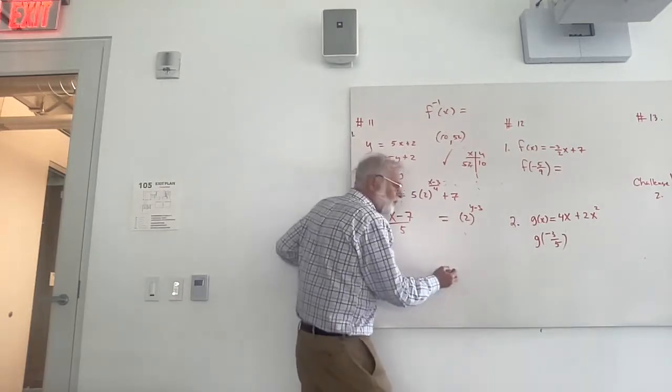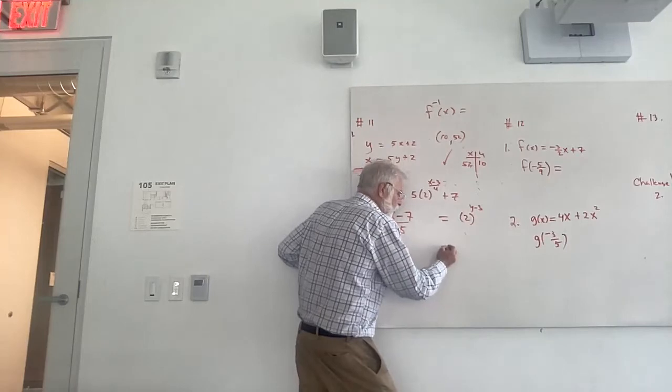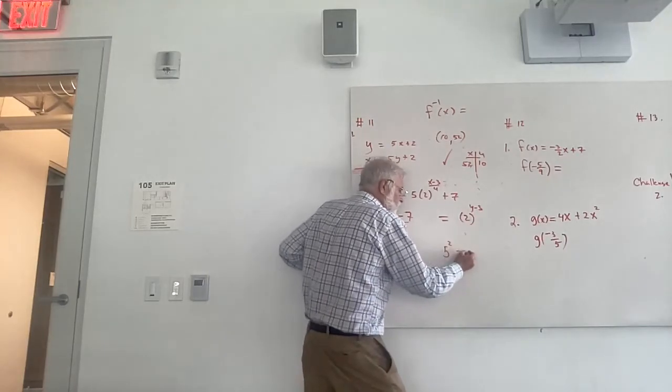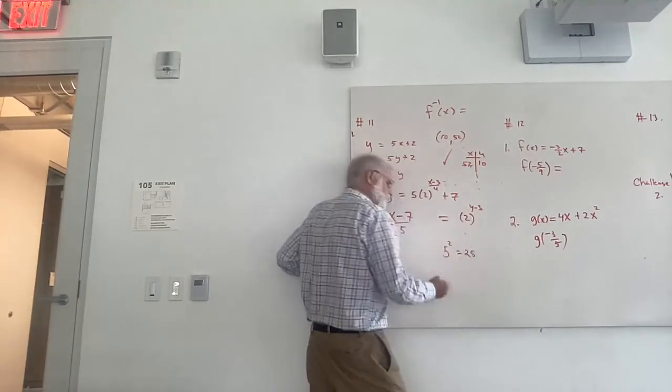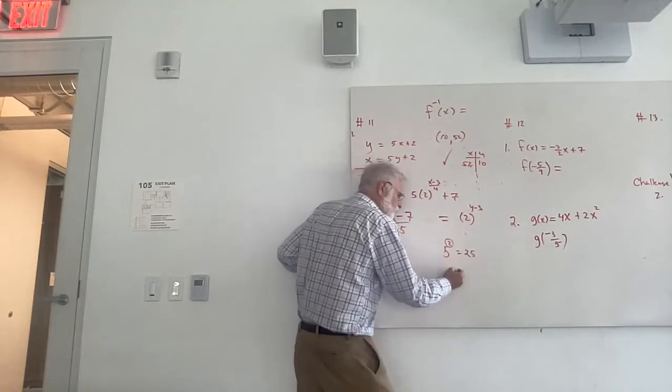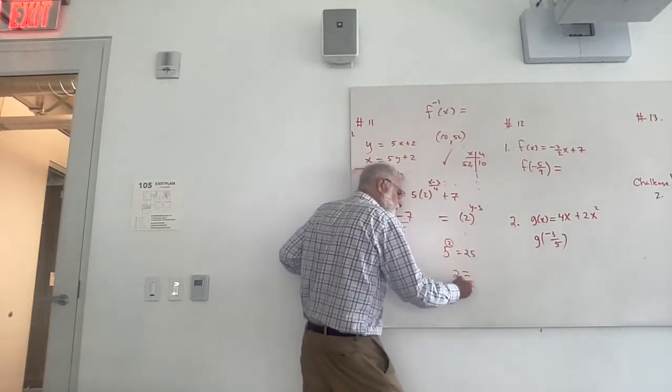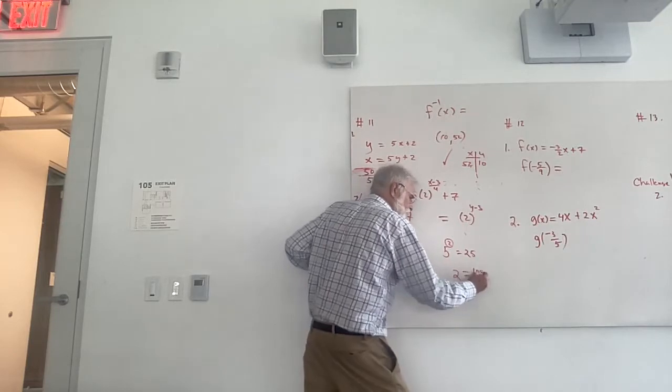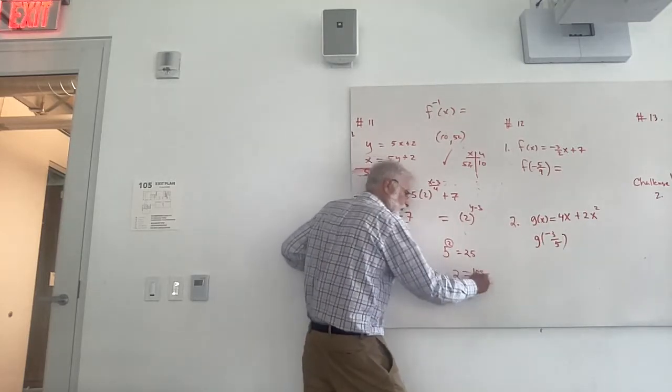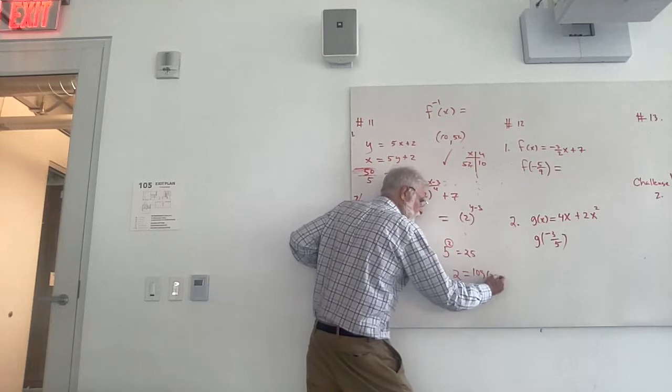Well, let's take an easier example. 5 to the 2 equals 25. Did you also know that that exponent, 2, is the value of the exponent you put on top of a 5 to get a 25?